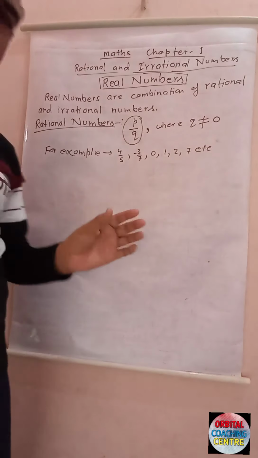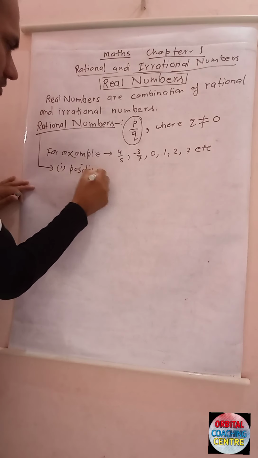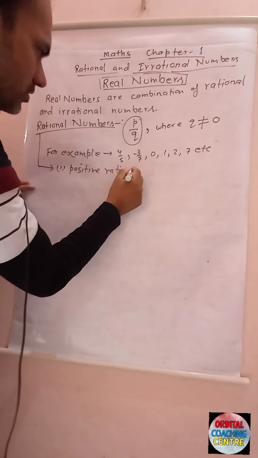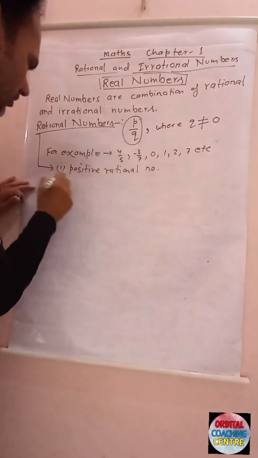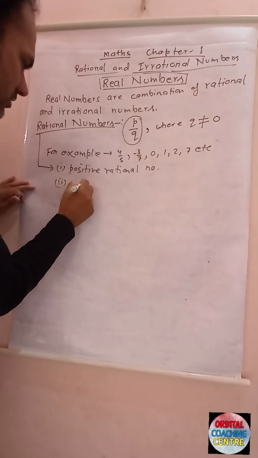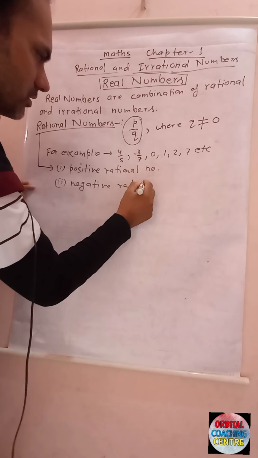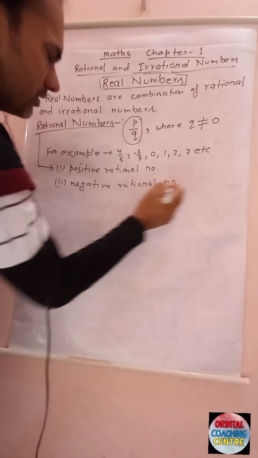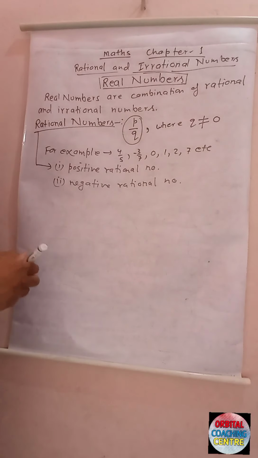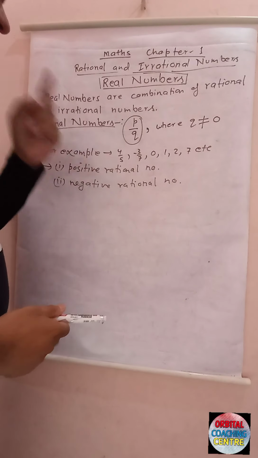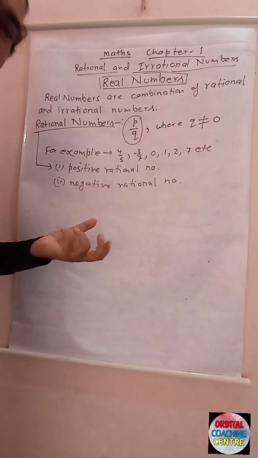Rational numbers are of two types: positive rational numbers and negative rational numbers.